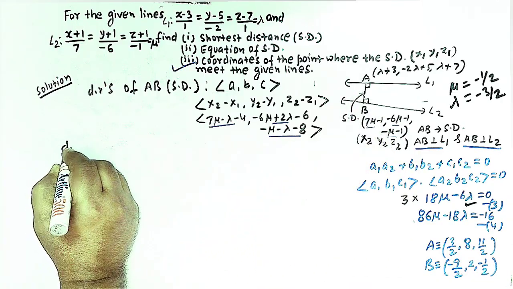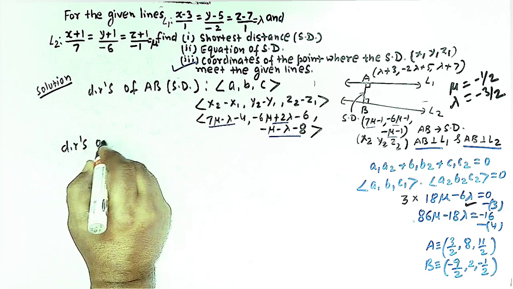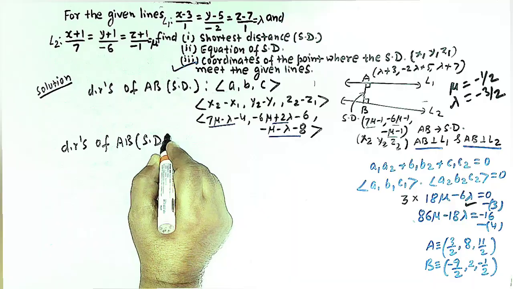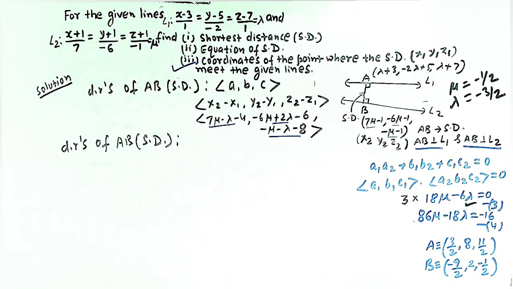So the direction ratios of AB, which is our line of shortest distance, are given by simply subtracting these two coordinates.